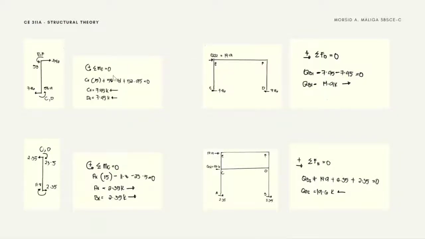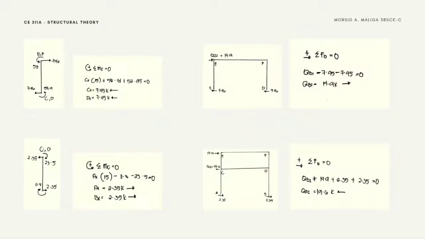So if we're going to use that, what we get is 7.45 kips to the left, DX 7.45 kips to the left. So also from point C, what we will use is summation of moment C is equal to 0.